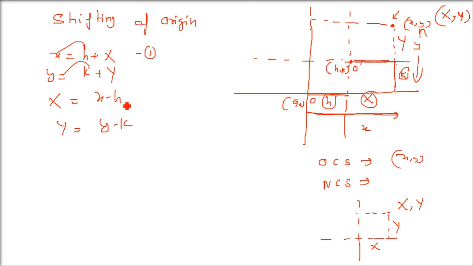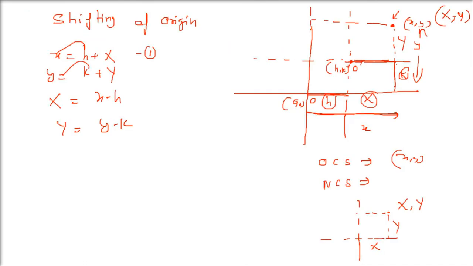So the new coordinates are x minus h and y minus k. That is, the 0, 0 has changed to minus h, minus k eventually.